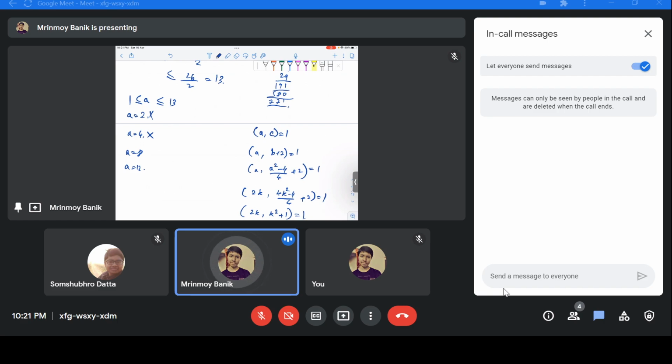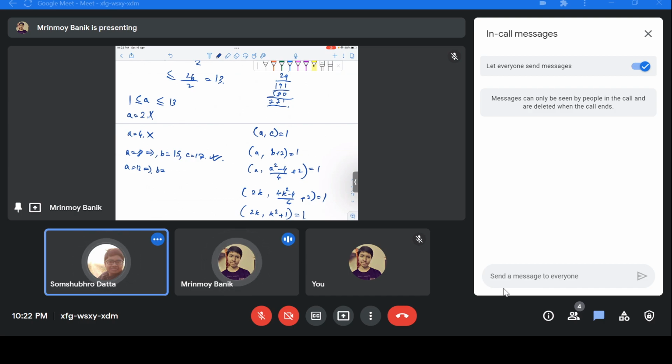For A equals 8, we have B equals 64 minus 4, 60 by 4, that is, just a minute, 15. And plus 2 is 17. This case works, right? For A equals 12, we have 144, 32 into 2, 64 is equal to 8 squared. Yes, this works.